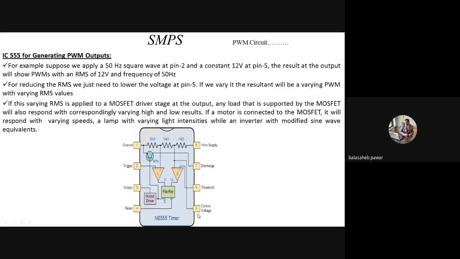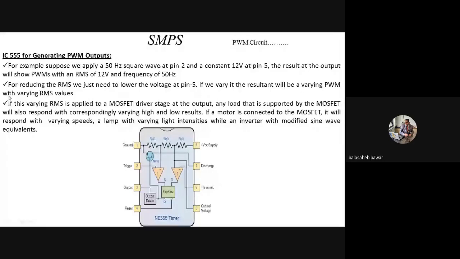That means the RMS value of the output will depend on the level of control voltage, because the inverting pin of that second comparator is powered by that fixed control voltage plus 2/3 of VCC. So if we vary it, the result will be a PWM with varying RMS value.